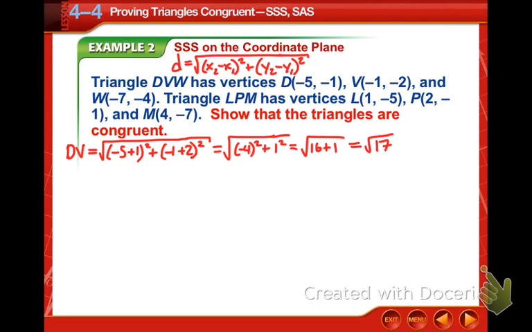Now, to do the next side for triangle DVW, that's side VW. Same exact process. Our x values are negative 1, negative 7. So negative 1 minus negative 7, squared, plus our y values, negative 2 and negative 4. So negative 2 minus negative 4.